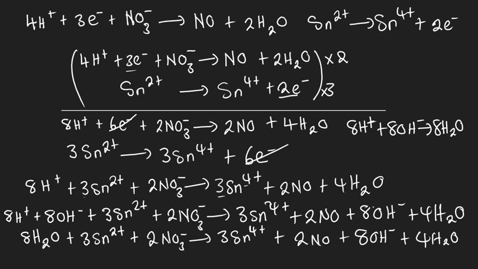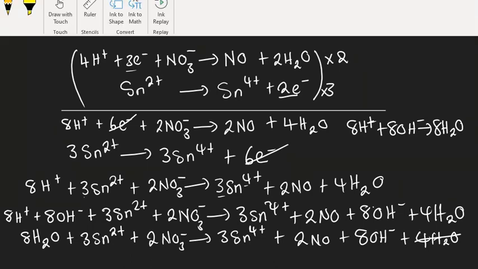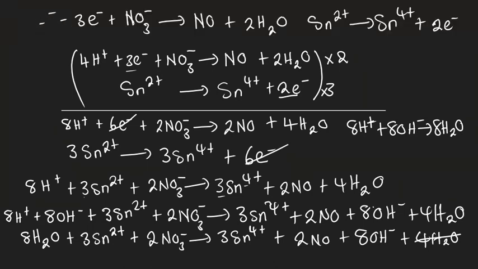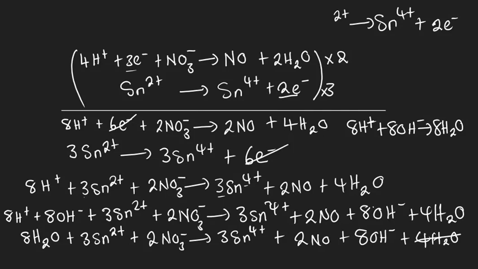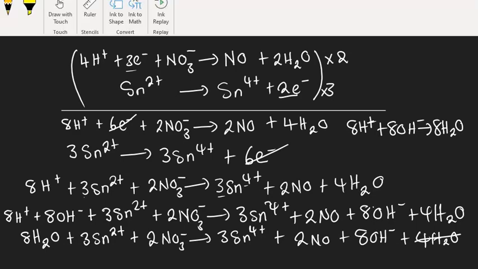We've got 8 water molecules and 4 water molecules, so they can cancel, and then we're going to remain with, okay, let me write the final equation on top. Let me just clear the board. Notice how I am trying to balance the equation, and it should be able to make sense.